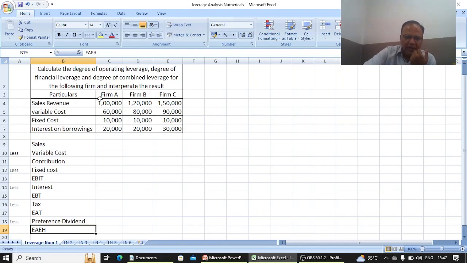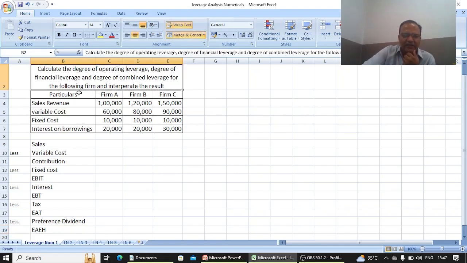Now, let's read the problem first of all. It is given in the question, calculate the degree of operating leverage, degree of financial leverage, and degree of combined leverage for the following firm and interpret the results. There are three firms, firm A, firm B, and firm C. This is the information which was given to us.